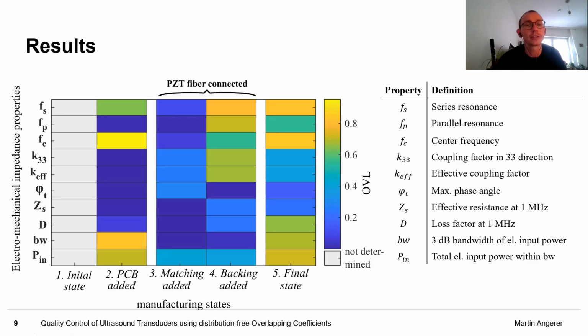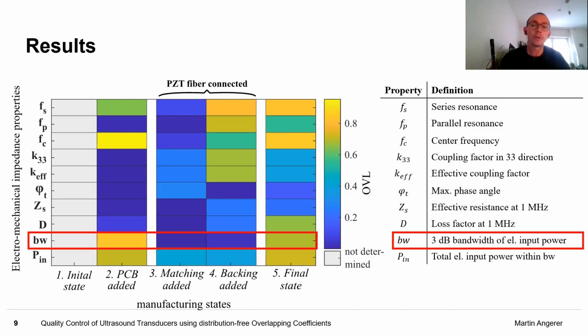So very low factors for that, which exhibits good separability. Analyzing several of these properties shows that, for example, the resonance frequencies would be partly suited because some parts are blue, some parts are yellow. But when analyzing all of the properties, the best suited property seems to be the bandwidth of the electrical input power, as it complies exactly with the requirements just stated.